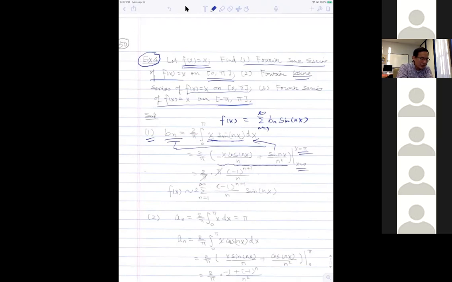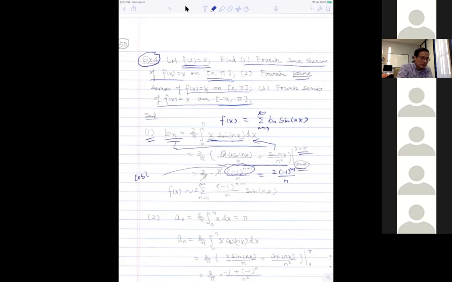Bn is 2 times negative 1 to the n plus 1 over n. How did I get this negative 1 to the n? Do you know, Paul? Yeah, because cosine nx oscillates back and forth between 1 and negative 1. Here we plug in x equal to 0, and this term would be 0.